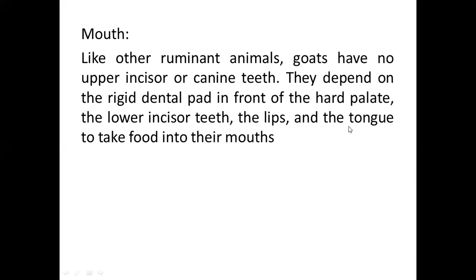They have a tongue which can catch different types of grasses or pasture of different lengths. They have the lower incisor teeth, and they have the dental pad in the upper jaw. These are the parts of their mouth, and with the help of these parts they can take food into their mouths, and that is when the digestion starts.